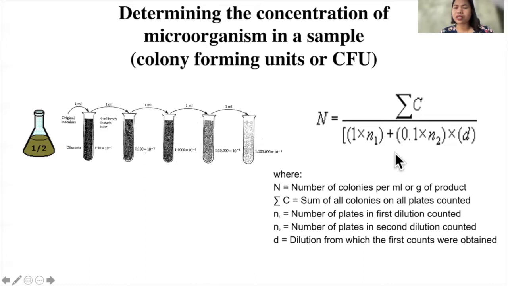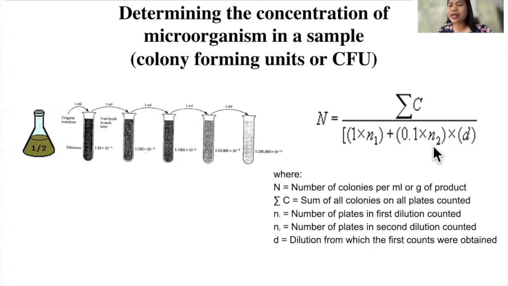So this is constant, no? 1 times the number of plates counted in the first countable dilution, and then plus the number of plates counted in the second countable dilution. And this is, and so on, no? Pag you have third dilution, the third countable dilution, so you make it 0.01 times N3, kung ilang plates naman yung countable in that dilution.